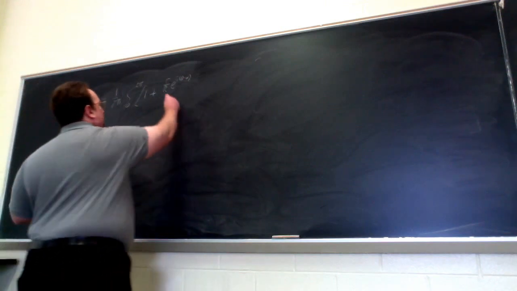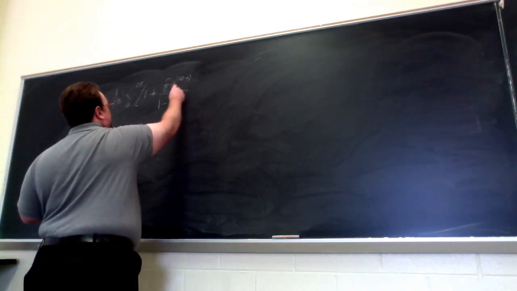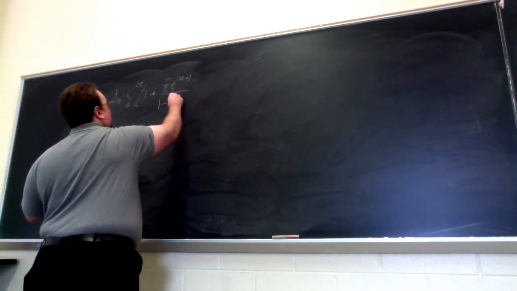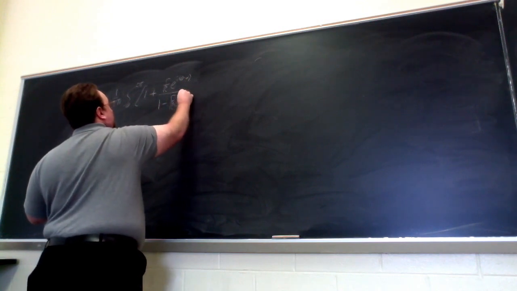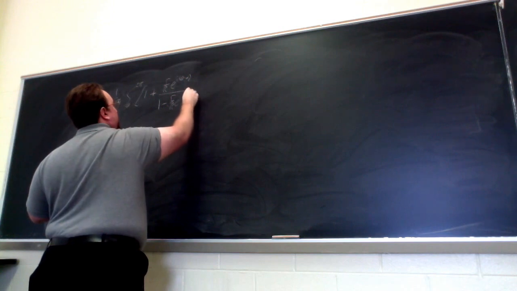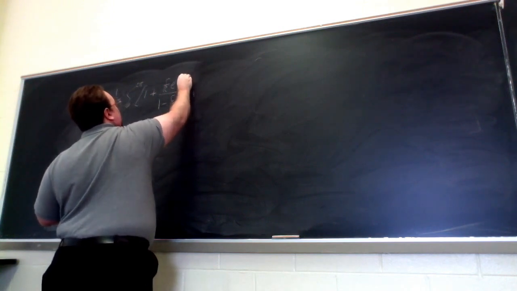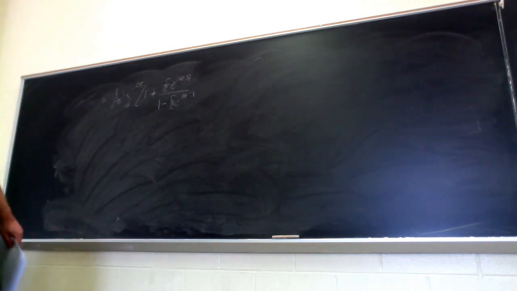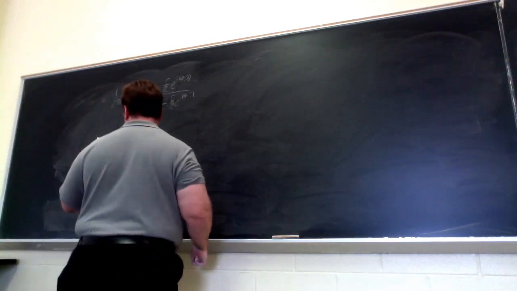Bottom line is a is the first term, so that's what I put up top, and then I have 1 minus this. So that's r over r tilde e to the i theta minus s. Sorry, I have alpha in my notes, so I have to make sure to keep the notation consistent.